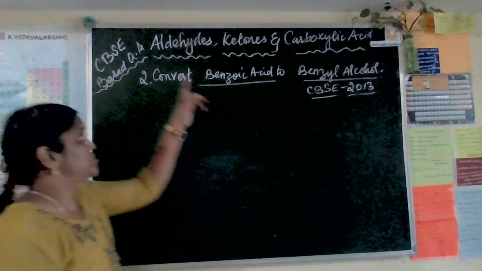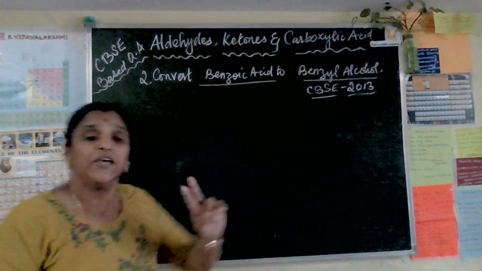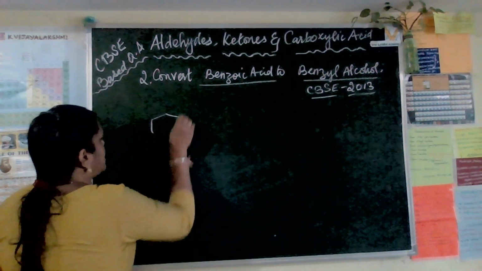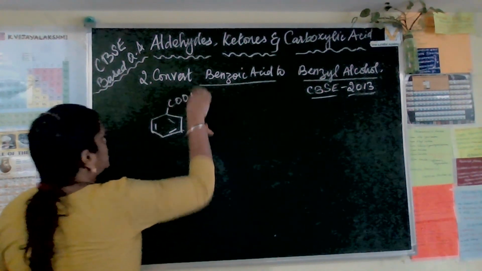The next one more question. Convert benzoic acid to benzyl alcohol. It's so simple and you will get it in two reactions. Now the first one, this is benzoic acid, COOH connected with benzene.